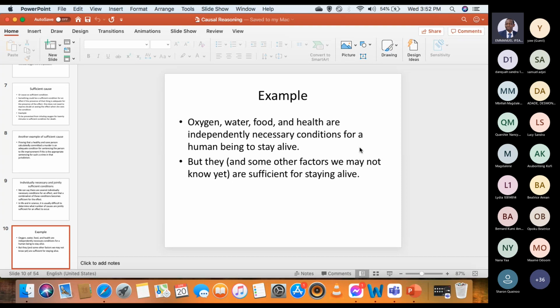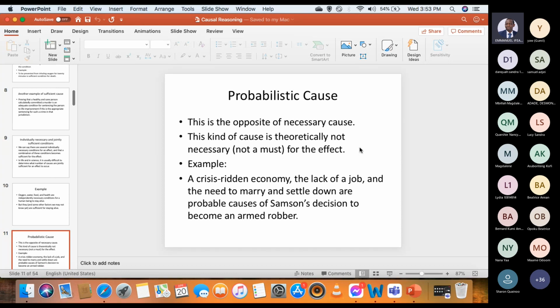The answer is no. To have sufficient conditions for life, you need to bring them together: oxygen, water, food, health, so many, and we are not even sure what we need as sufficient condition for life. That is difficult, and probably it is impossible. Otherwise, we will be making life. So that's the difference between necessary and sufficient cause.